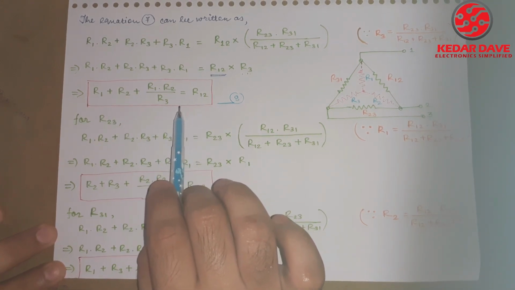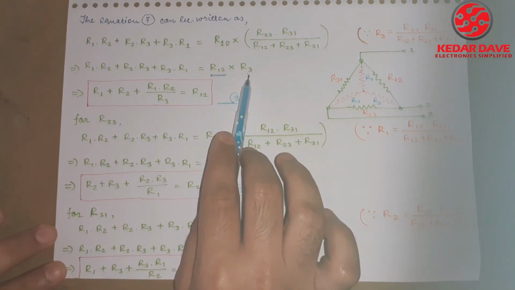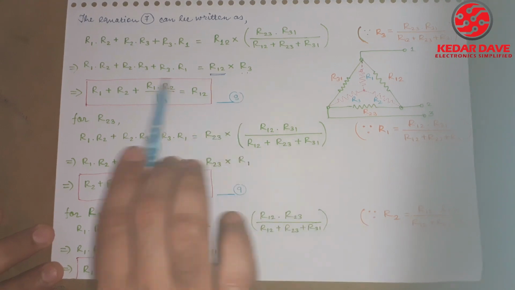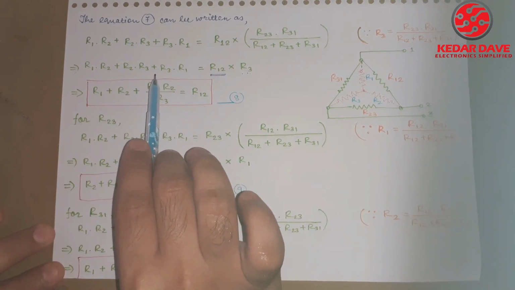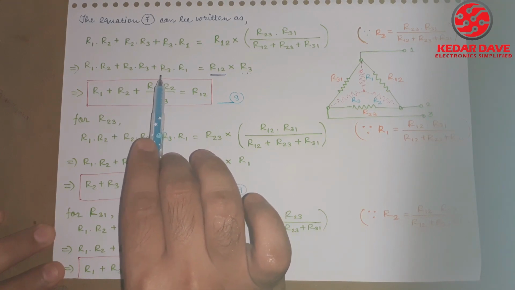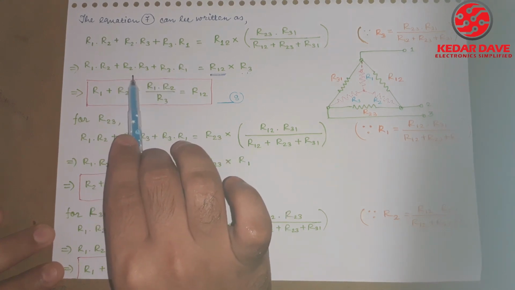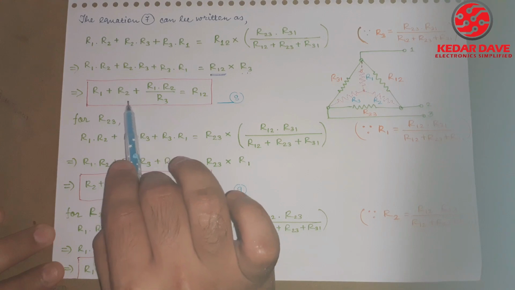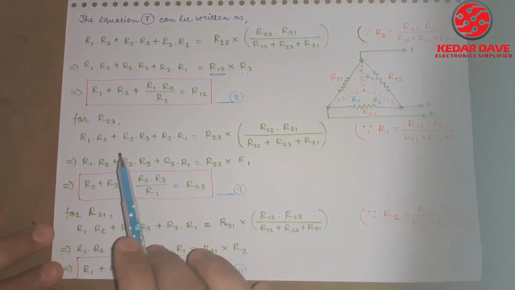You can easily find out that if you bring this R3 term to the denominator, it will be cancelled out with this R3 and this R3. So basically, R1 plus R2 plus R1 into R2 divided by R3 is equal to R12.